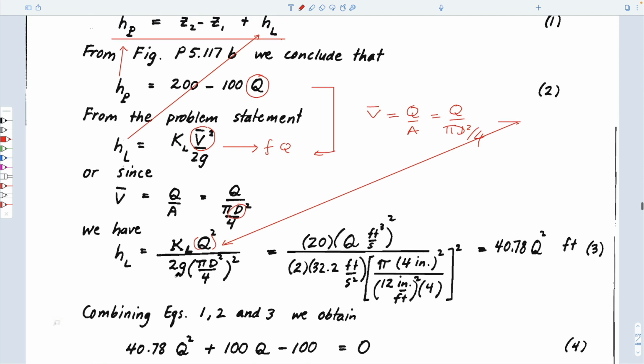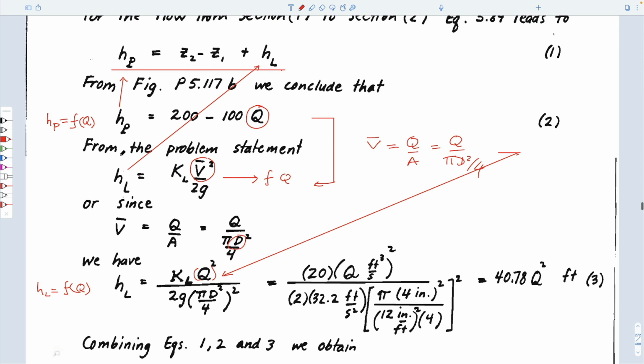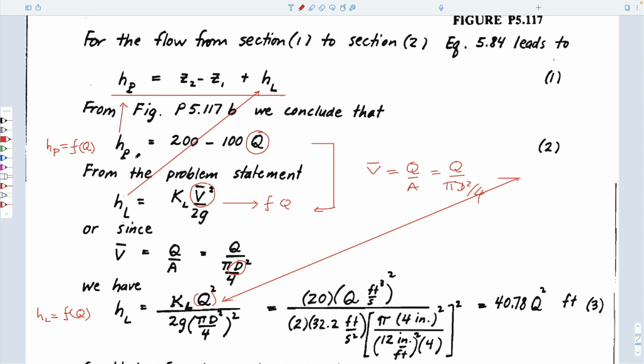And then we have HL equals a function of Q. We have HP is a function of Q. And therefore, if we substitute HL and HP back into this Bernoulli equation, we have this equation as a function of Q and a value of these two differentials. This is just 100 feet, right?